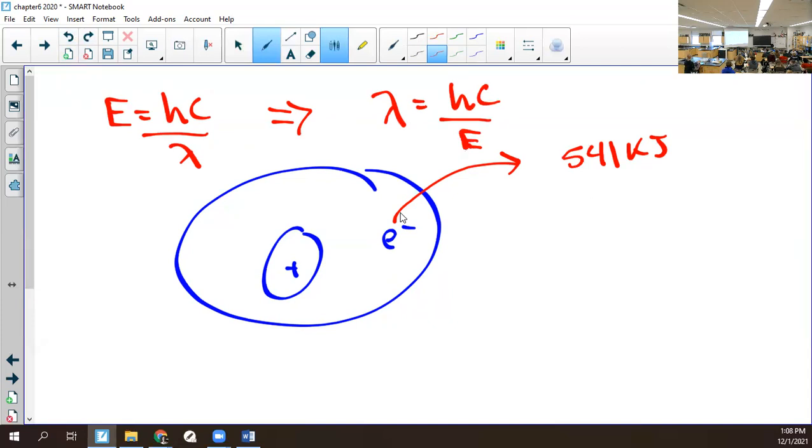Now this is a trick question. What's wrong with it? It's in kilojoules. So you need to make sure that you have 541,000 joules. The reason why is because the unit of h is in joules. Right, Carly? She knew. She had no doubt.